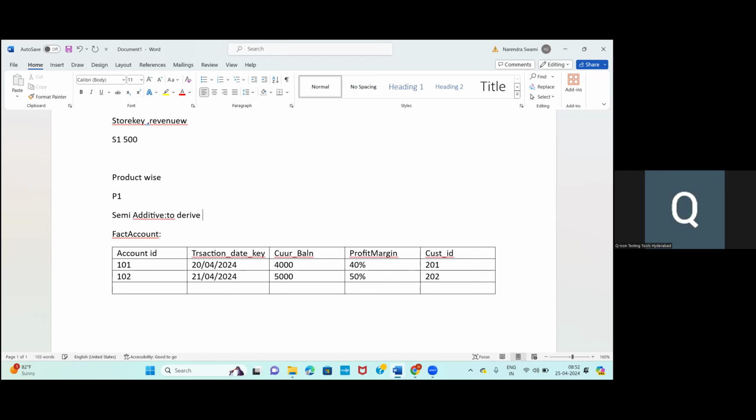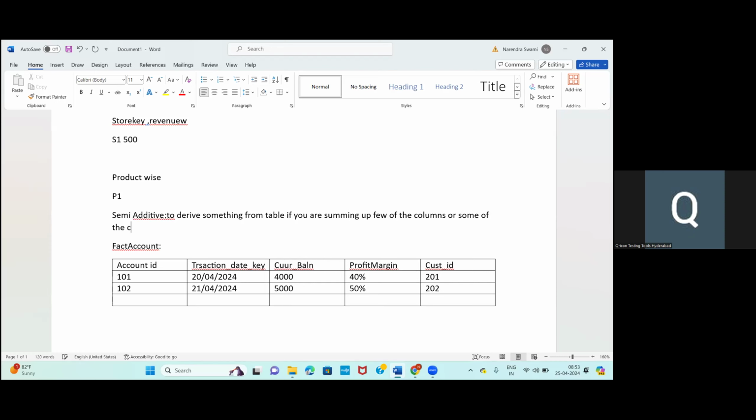To derive something from a table, if you are summing up a few of the columns or some of the columns, it is known as semi-additive.